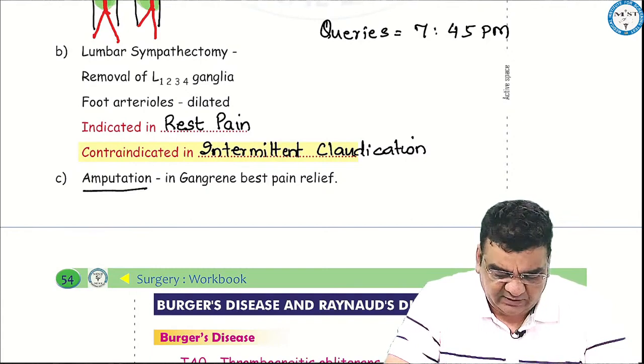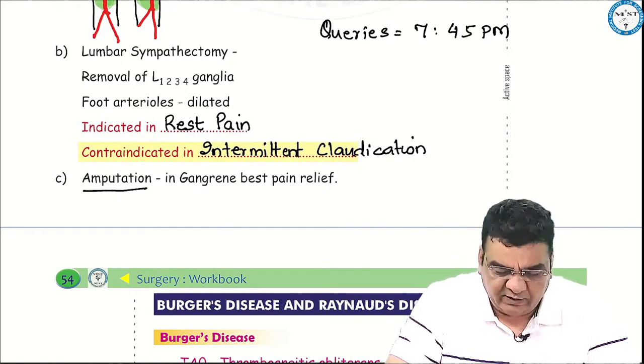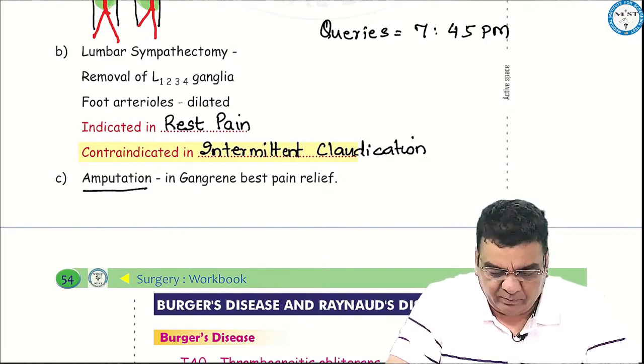After doing sympathectomy, generally there are no complications, but if you are doing a lumbar sympathectomy on both the sides, then yes, if you are removing both the first lumbar ganglia, then the patient can develop impotence at times.